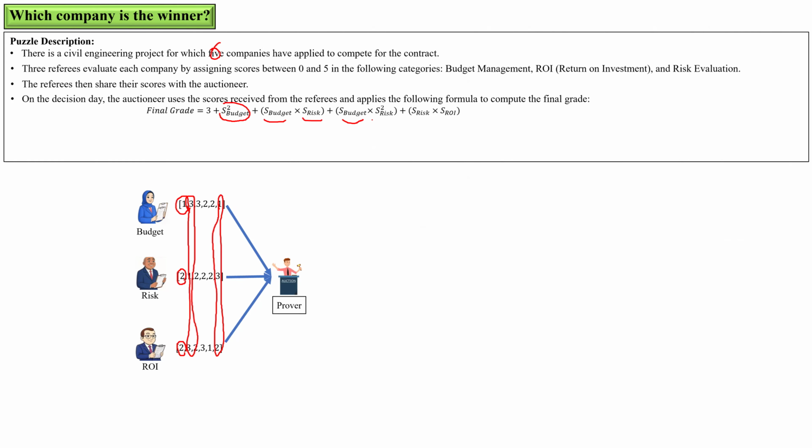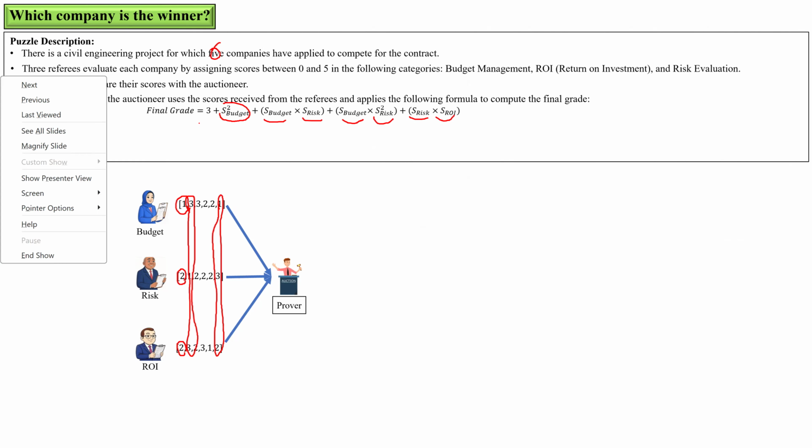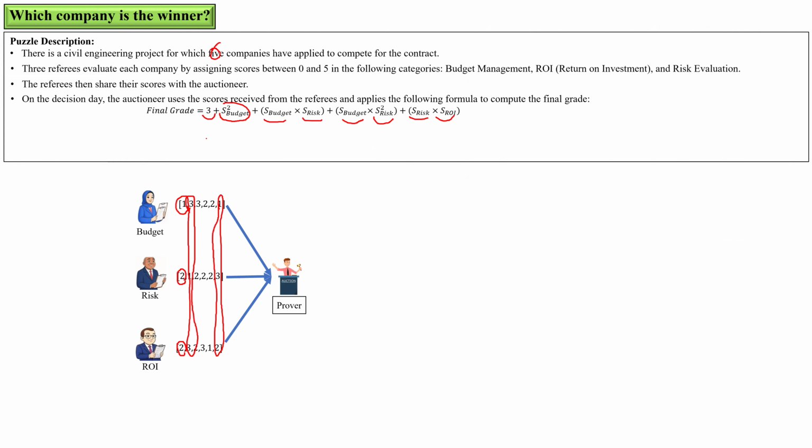Grade of budget should be multiplied by the squared grade of risk, and then grade of risk should be multiplied by grade of ROI, and then add all of these multiplications to each other, and then add a value of 3 to compute the final grade of the application, right?